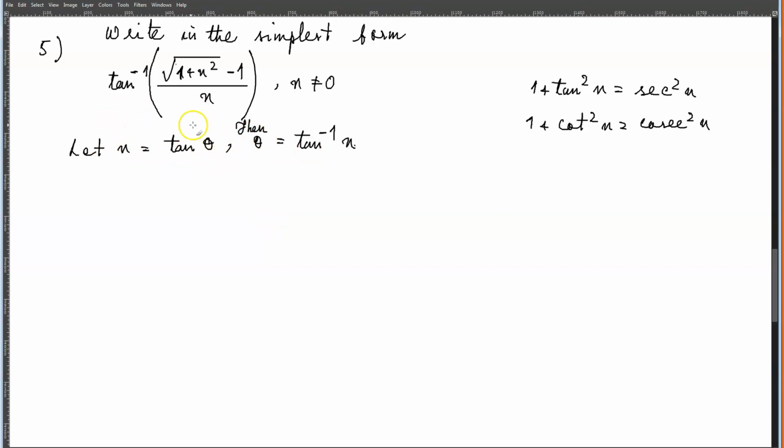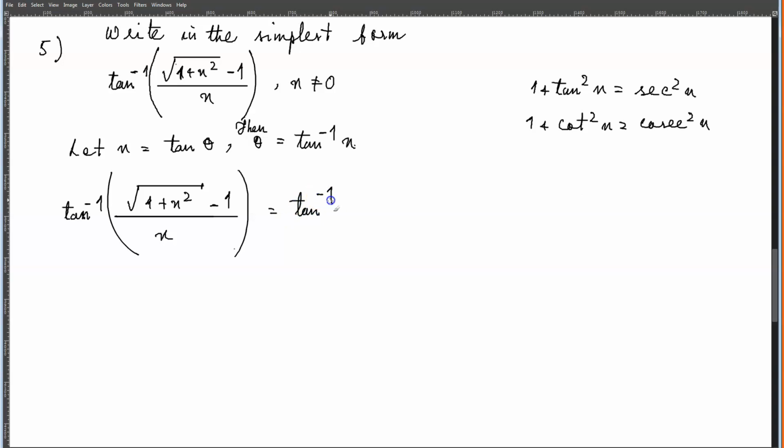Now, if x is equal to tan of theta, then your expression becomes tan inverse of the square root of 1 plus x squared minus 1 over x, which is equal to the tan inverse of the square root of 1 plus tan squared theta, minus 1 over tan of theta.